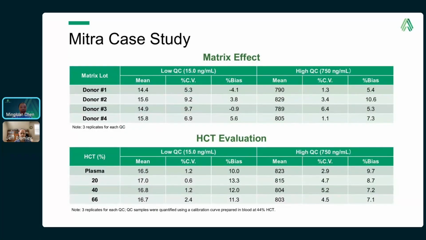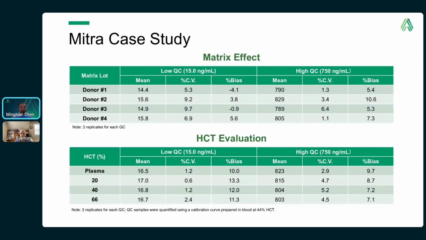Next, we evaluate the matrix effect and hematocrit impact. Matrix effect was assessed at a low and high QC level and shows minimal interference, confirming the selectivity of the hybridization-based approach, despite full co-extraction of the matrix components when using the surfactant-containing desorption solution.